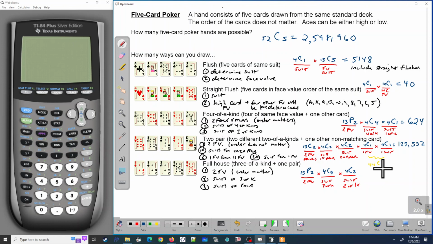That just makes no sense. And so I just reset. So 13P2 times 4C3 times 4C2 works out to be 3,744 possibilities. So you can see that your best hands are the straight flushes, followed by a 4 of a kind, then comes the full house, then comes the flush. So that concludes the multiplication counting principle lesson.